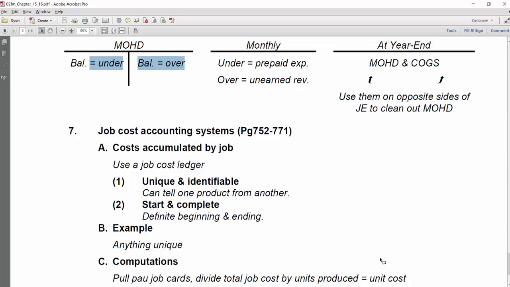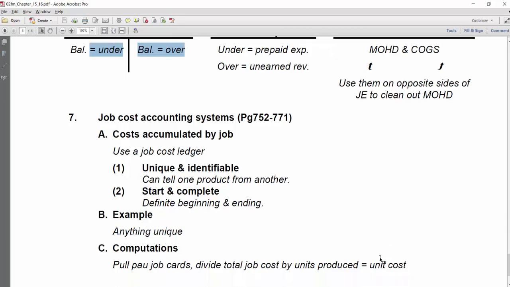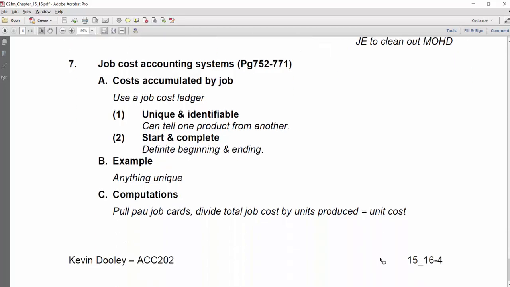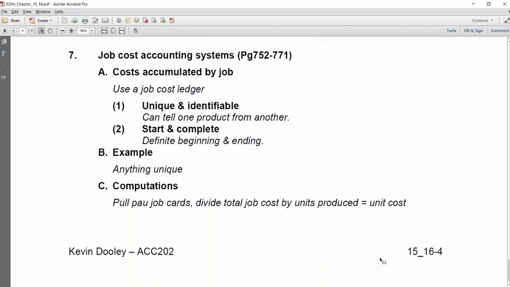You take the total of each job cost, you divide it by the number of units you produced, and you get a unit cost. Then you can use that unit cost to do things like send it to finished goods inventory, or to calculate the cost of the units that are sitting there waiting to be sold.